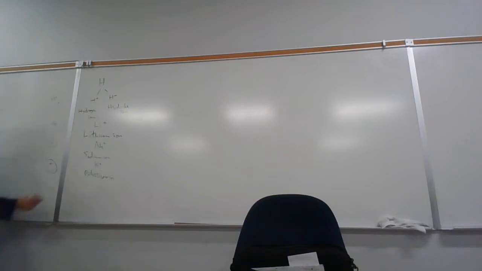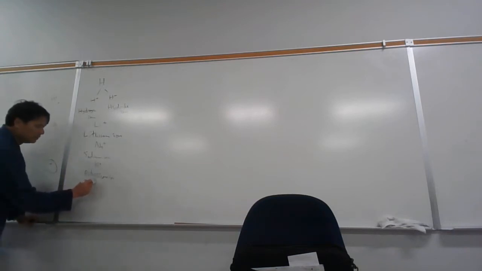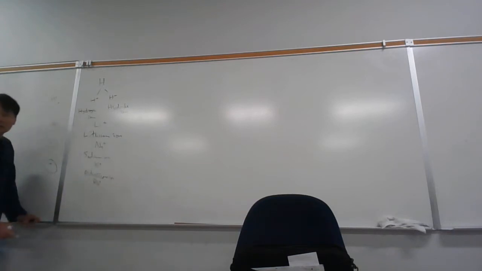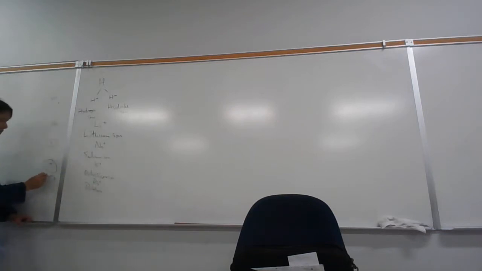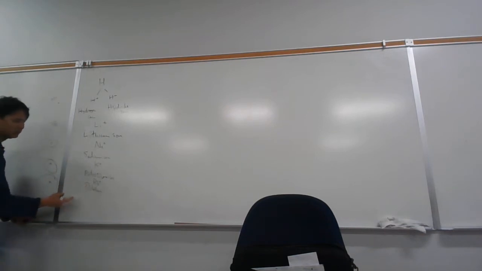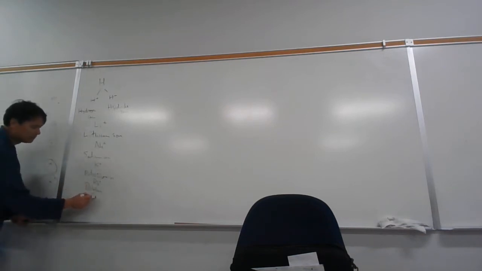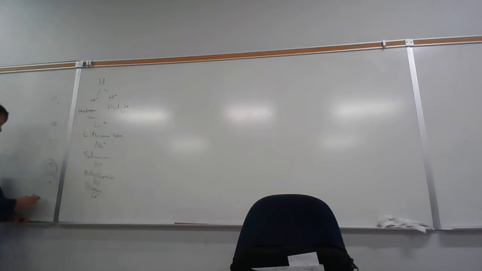Then after potassium, Rb, which is rubidium. And then let me squeeze it down here. What's underneath rubidium? Cesium. Cesium would be the biggest of these. Do we still call those ions, like the rubidium ion?